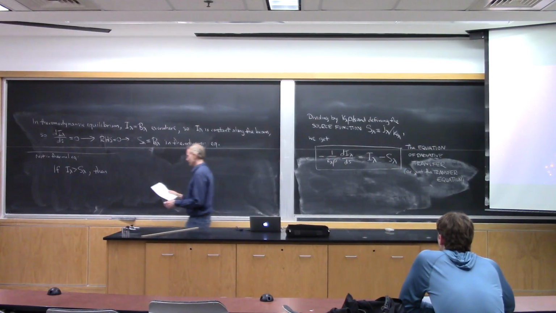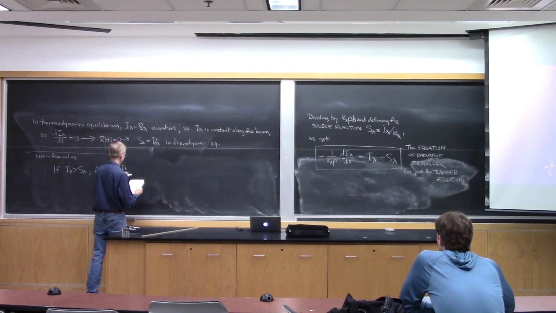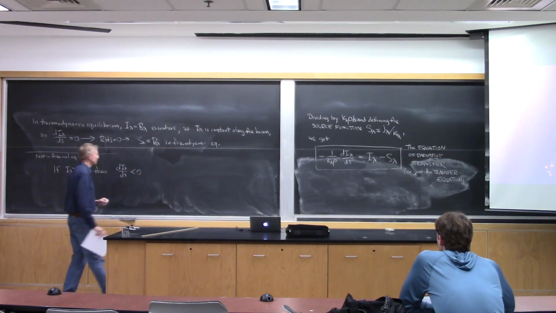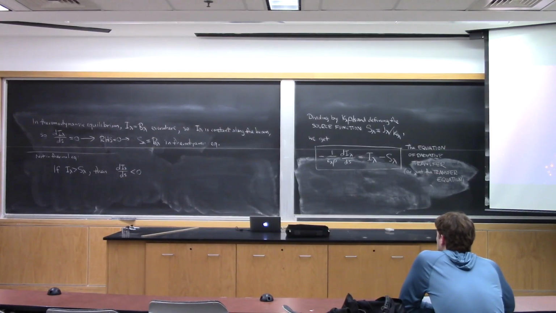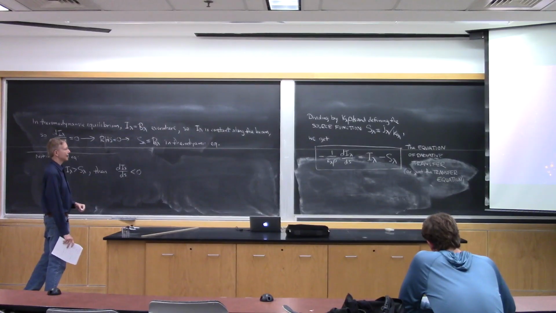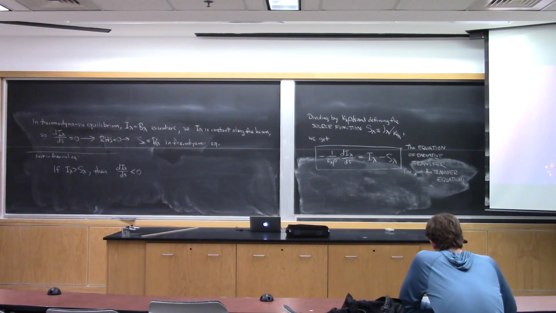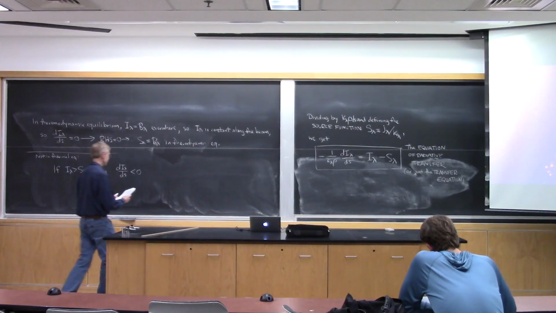So if I lambda is greater than S lambda, then di lambda ds must be less than 0, right? Because it's kappa lambda rho times I lambda minus S lambda, and since I lambda minus S lambda is positive, di lambda ds is negative.